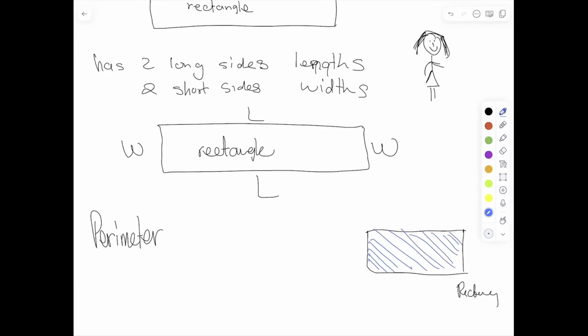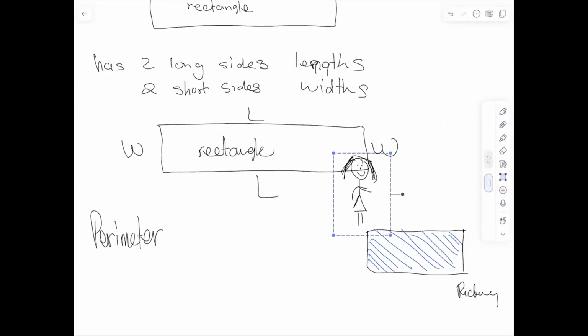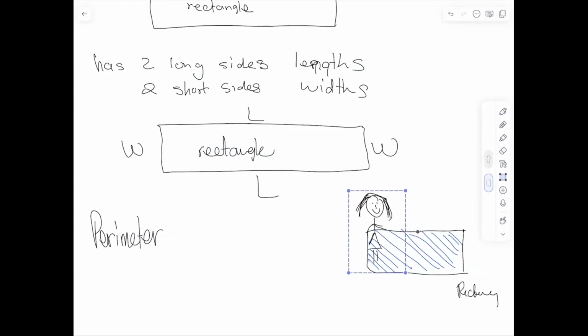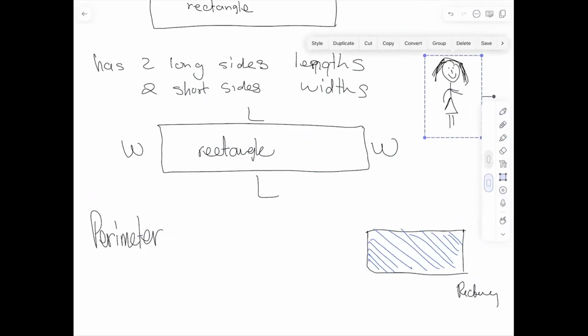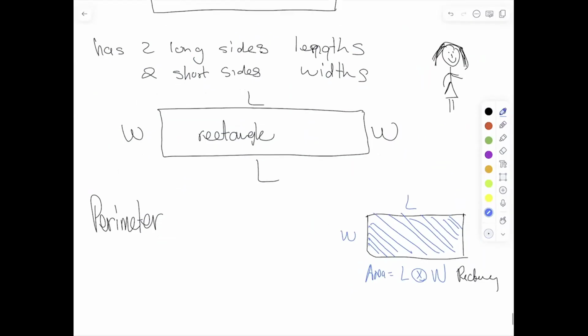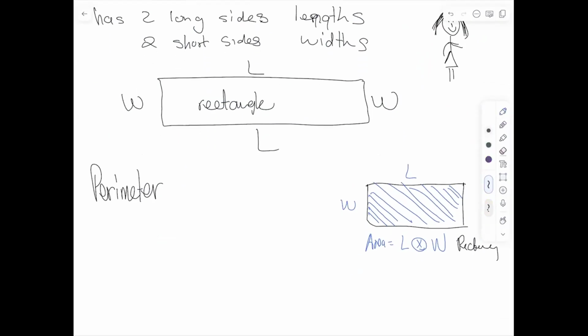So this young lady here, good question, is not going to be walking around the perimeter of the rectangle. She is now inside the rectangle. That is area. Okay. Good question. And area is equal to length times width. But that's not on exam 2. Okay? So let me move this. Hold on.